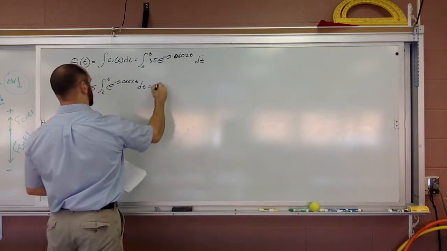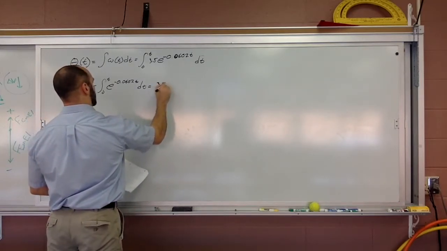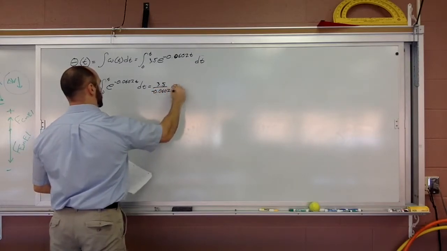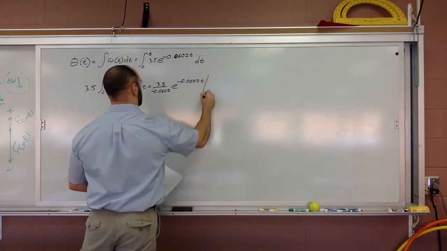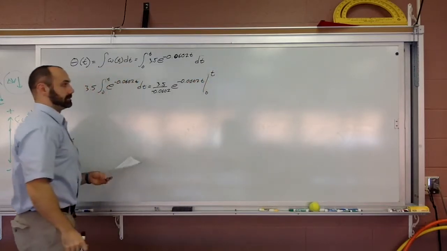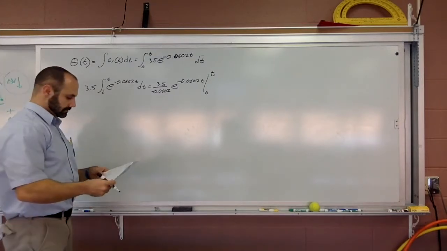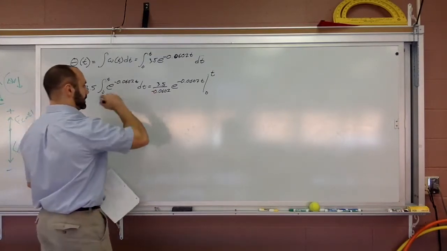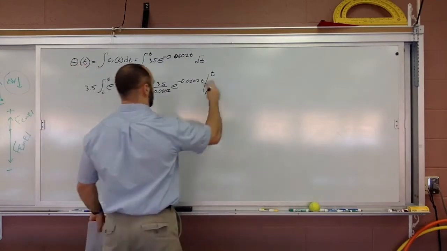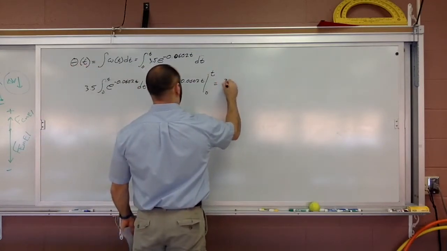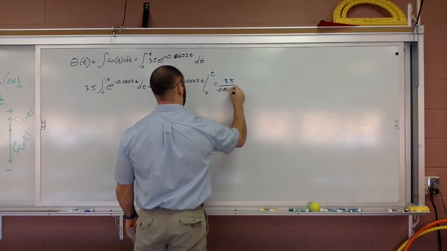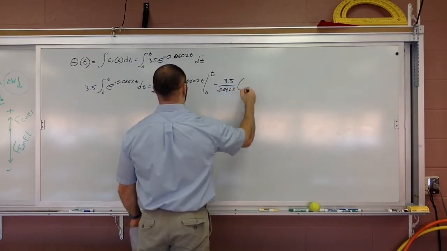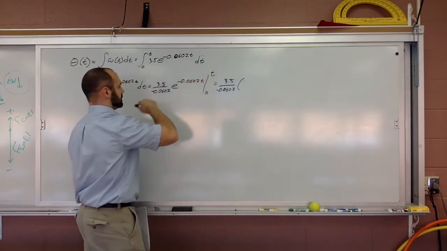And so what I get is 3.5 over negative 0.0602 e to the negative 0.0602 t from 0 to sometime later t. When I plug those numbers in, now I end up with, just keep going this way, 3.5 over negative 0.0602. T goes in, and it just remains there.